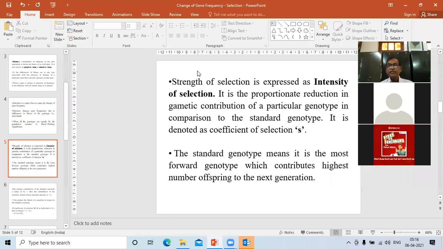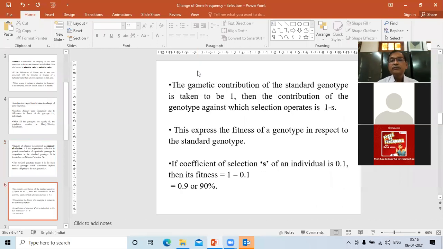The standard genotype is the most favored genotype which contributes the highest number of offspring to the next generation. So suppose the gametic contribution of the standard genotype is taken to be 1, then the contribution of the genotype against which selection operates is 1 minus S. As we have said, the coefficient of selection means the proportional reduction in gametic contribution to the next generation.